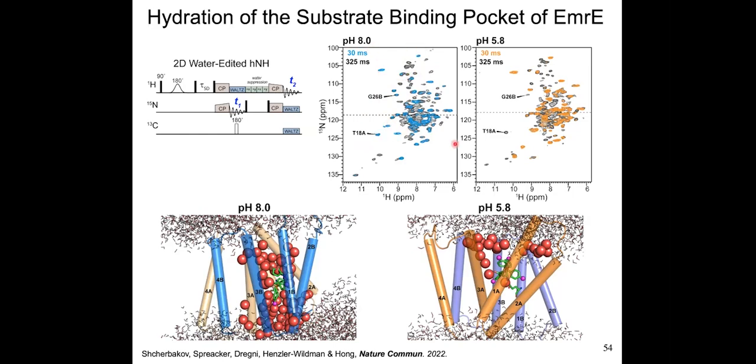I don't show any further analysis. Basically want to say that this hydration or water accessibility is different between the blue sample at high pH and the orange sample at low pH. And we have structures for these two states. And we can also put these structural models into GROMACS for molecular dynamics simulations.